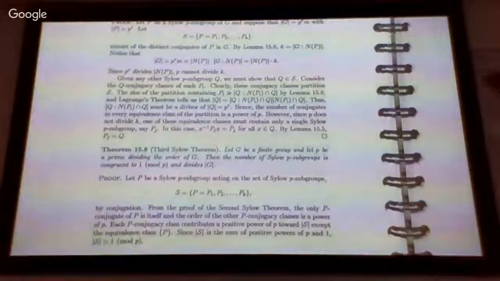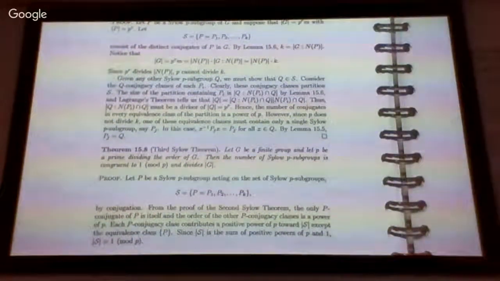The second Sylow theorem, which we proved yesterday, proved that all the Sylow P subgroups are conjugate to one another.